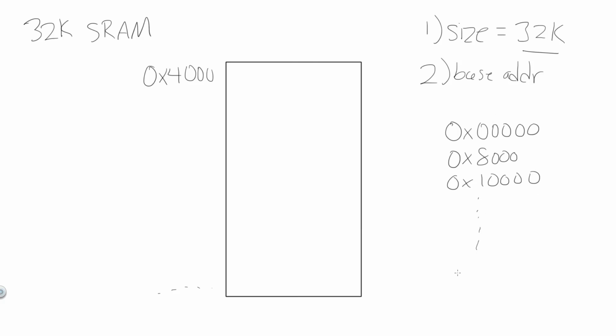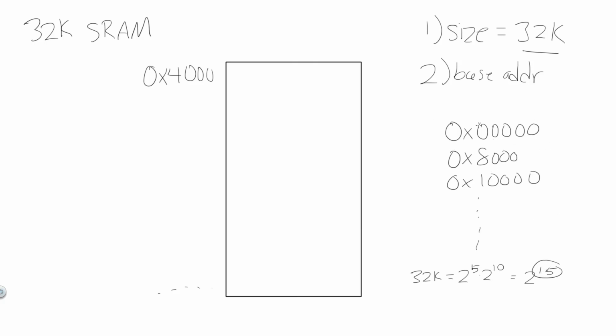The way you can figure this out is by doing 32K like we did previously: 2 to the 5 times 2 to the 10, which is 2 to the 15. So for a chip select base address to be on a 32K boundary, the least significant 15 bits must be 0. And if you take the time to look, you'll notice that all three of these satisfy that condition.